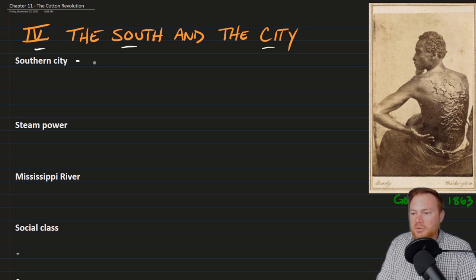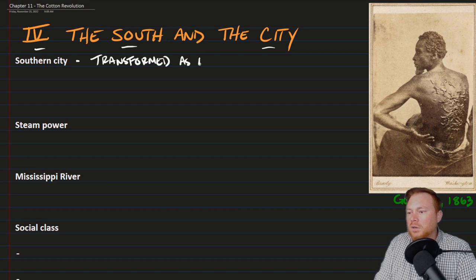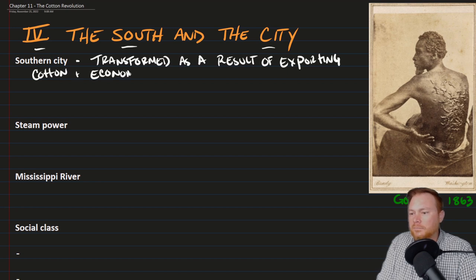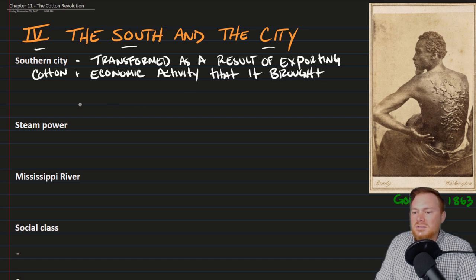So we'll just say the southern city was transformed as a result of primarily exporting cotton, but also of all the economic activity that it brought. So there are two ways that we can measure this sort of change, I guess.